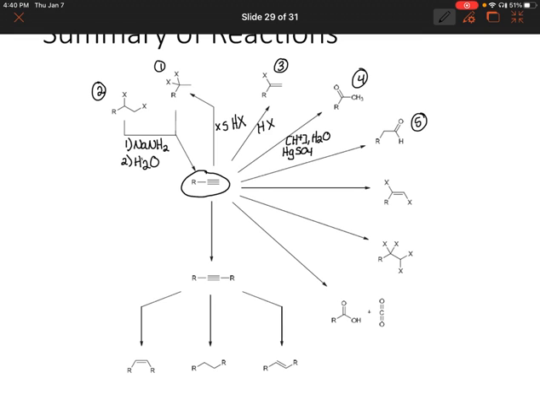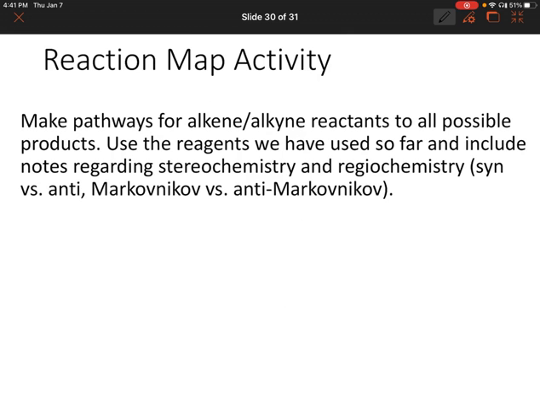Well, we saw that we would need, for instance, 9-BBN to start, and then we would add hydrogen peroxide so that it's anti-Markovnikov if you have a terminal alkyne, and sodium hydroxide.